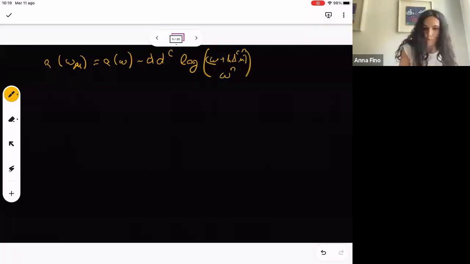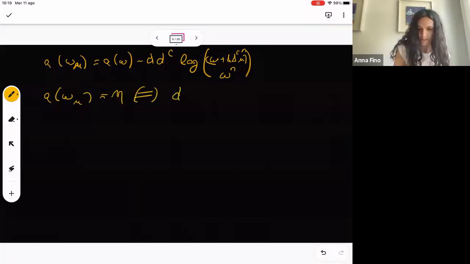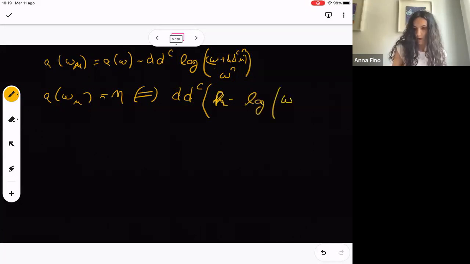So to impose that the Ricci form of omega u is eta becomes equivalent to saying that dd^c of u minus h, sorry, of log of omega plus dd^c u to the n over omega n minus h, is 0.